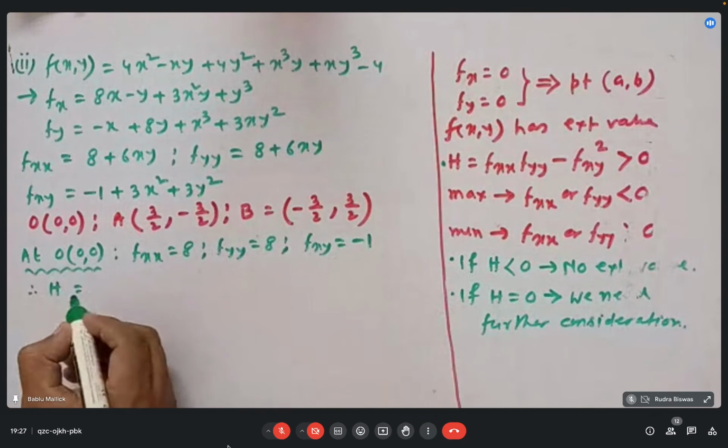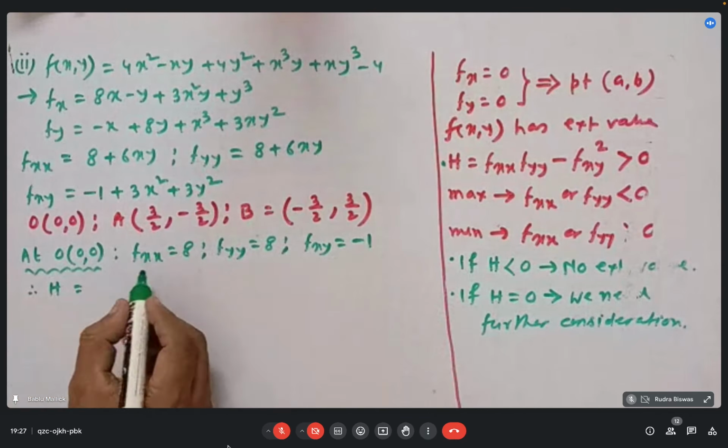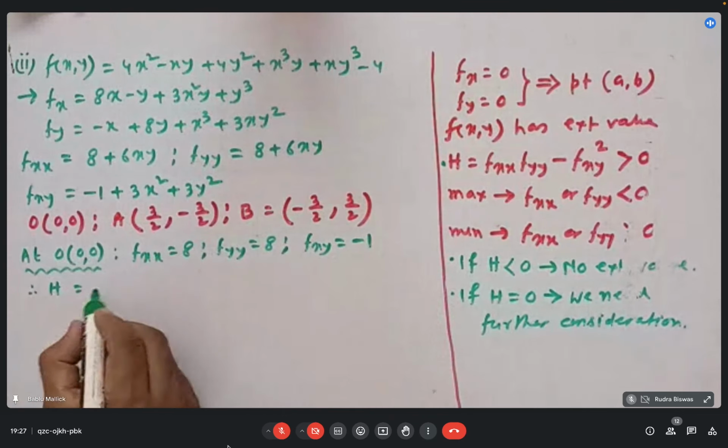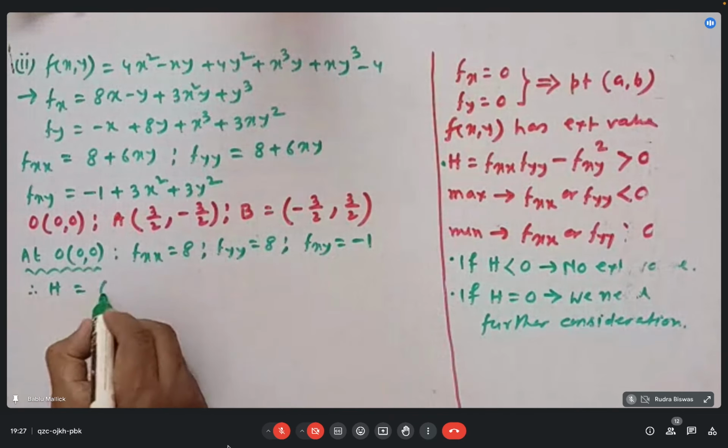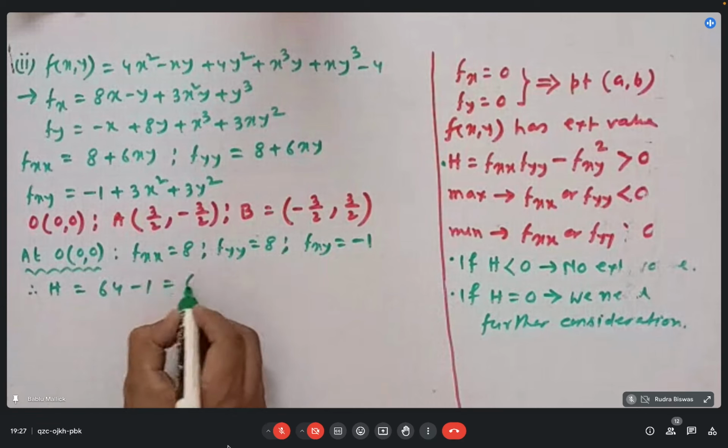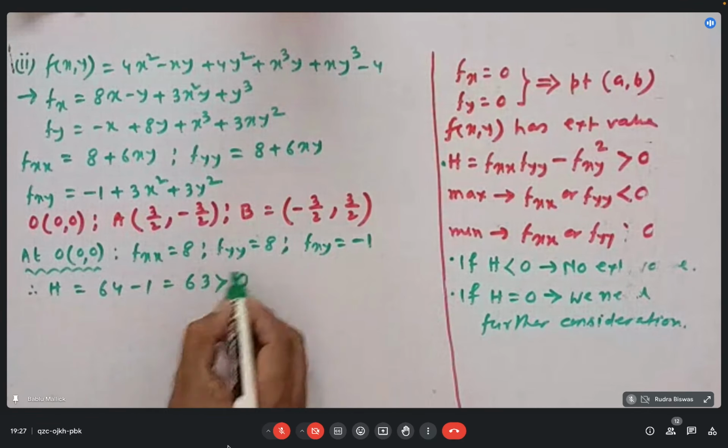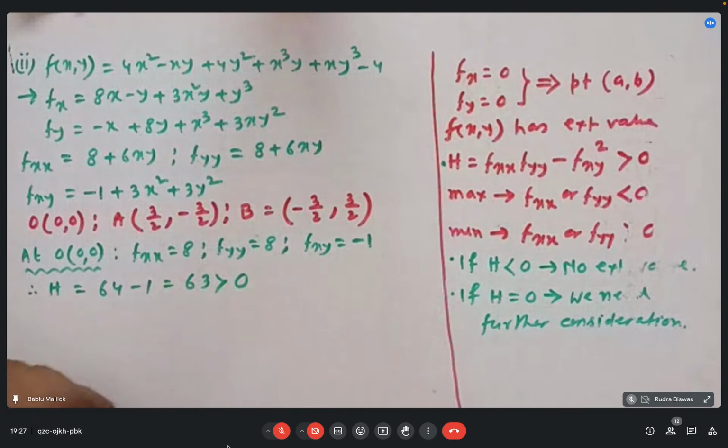Therefore h is equal to fxx into fyy minus fxy square, that is 64 minus 1, 63. This is greater than 0. So h is greater than 0, meaning maximum or minimum exists.